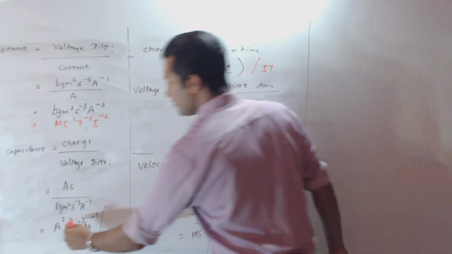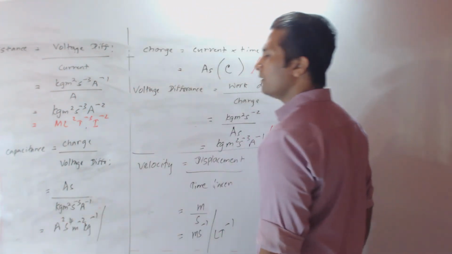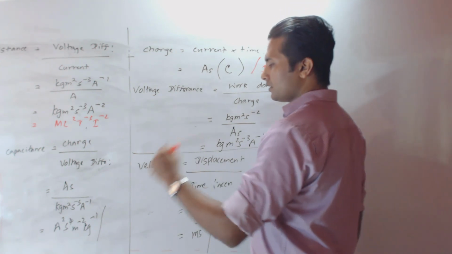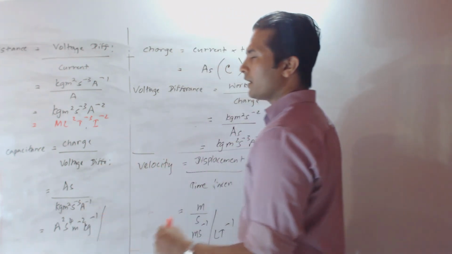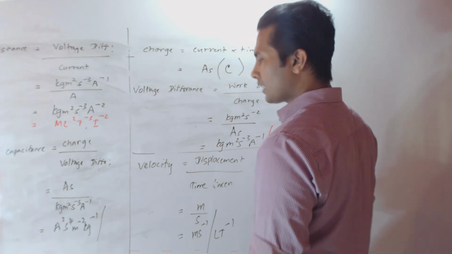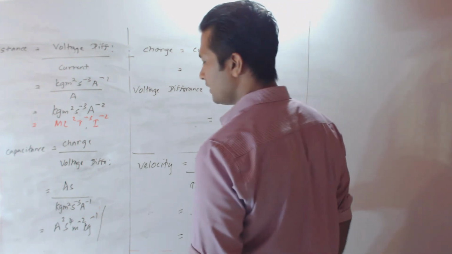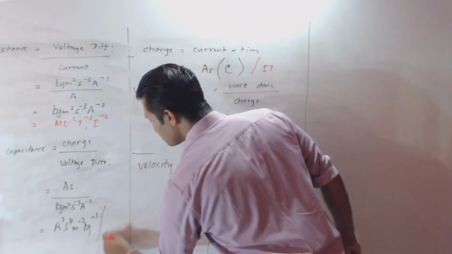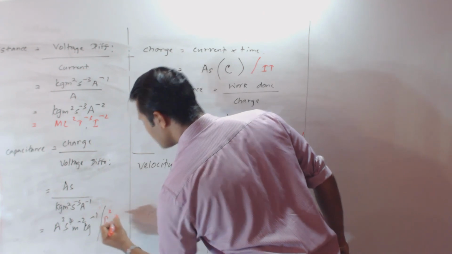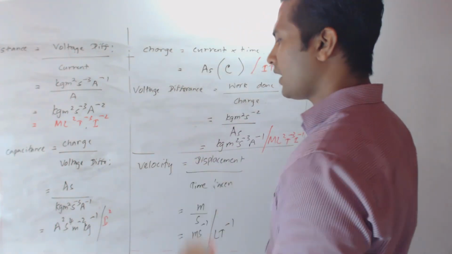For example, capital A is the unit of current electricity. So the dimension should be I, and make sure to put the square as well.